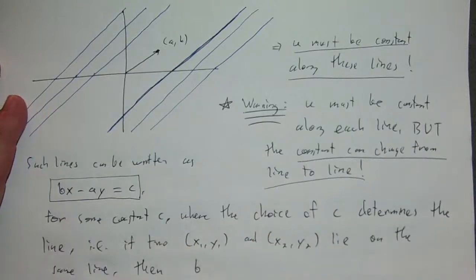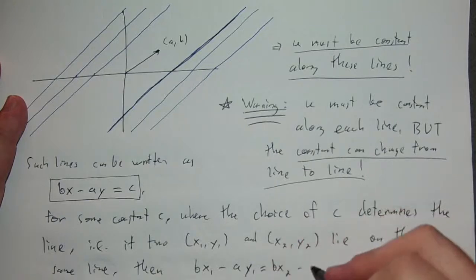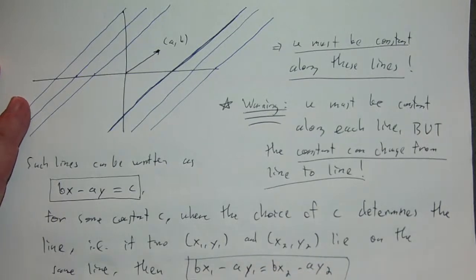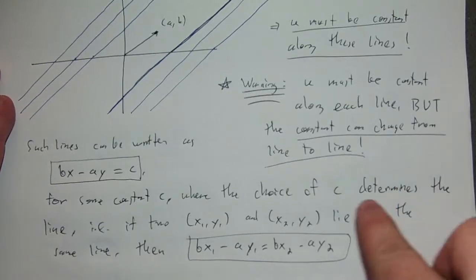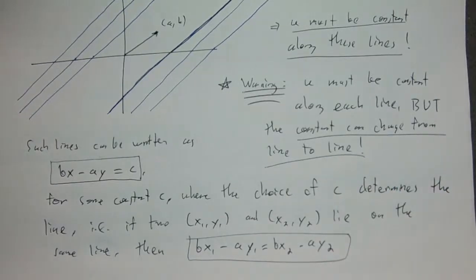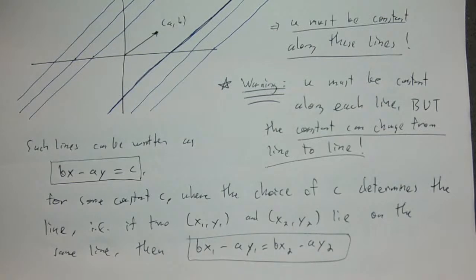Well, bx1 minus ay1 is equal to bx2 minus ay2. Actually, this implication goes in both directions. So if bx1 minus ay1 is equal to bx2 minus ay2, then they also lie on the same line. So this goes in both directions, and so c determines the line. Once I choose a c, that uniquely determines which line I've picked out here.